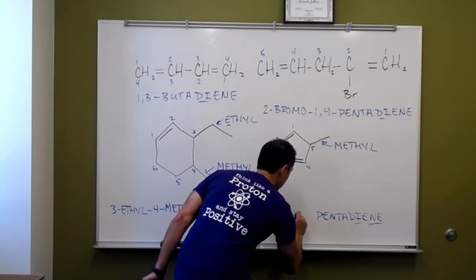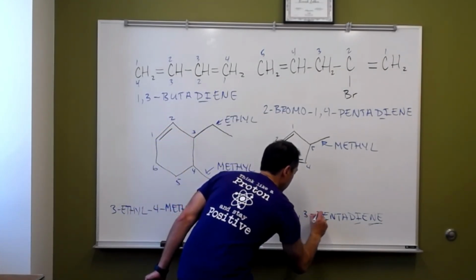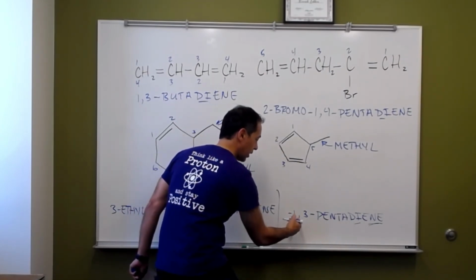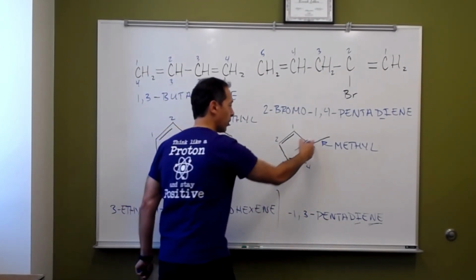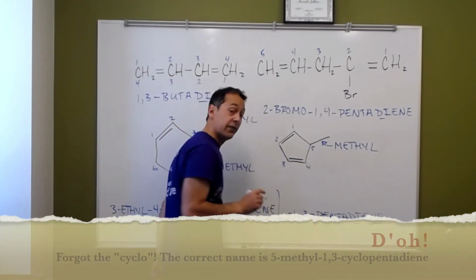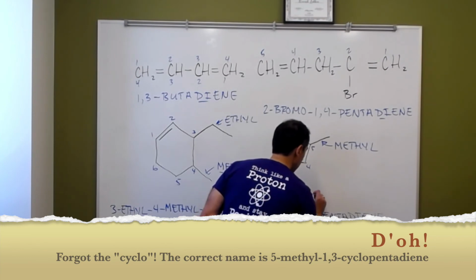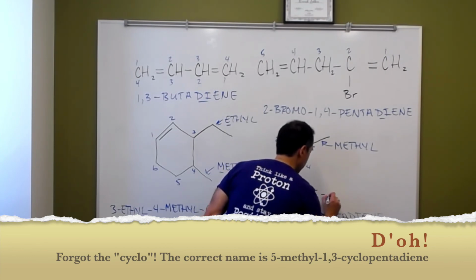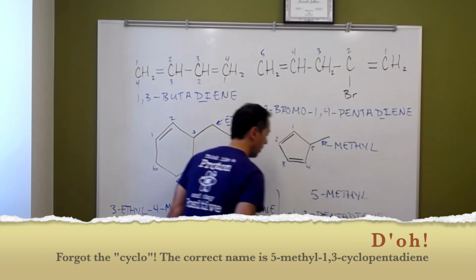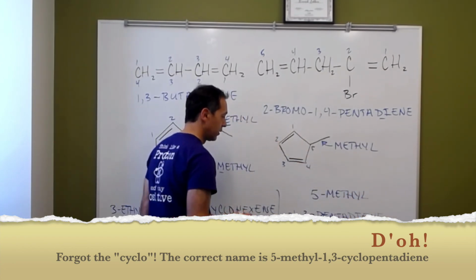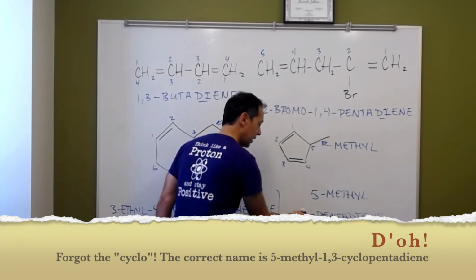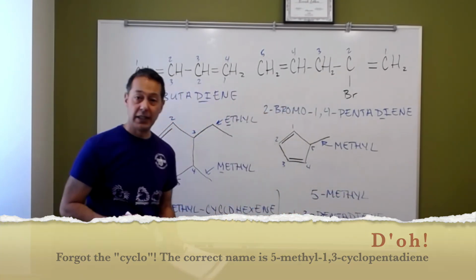So we'll go 1, 3. Okay, 1,3-pentadiene. And then we want to show where this methyl group is attached. And so that methyl group is attached off of the 5th carbon atom. So that becomes 5-methyl pentadiene. So it'd be 5-methyl-1,3-pentadiene.